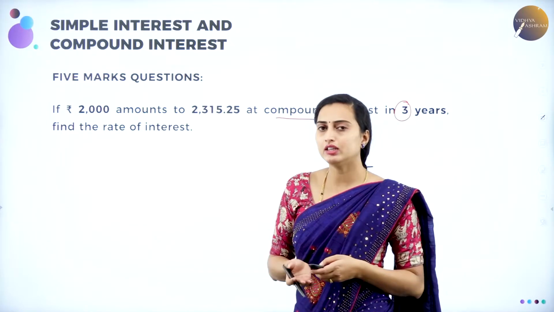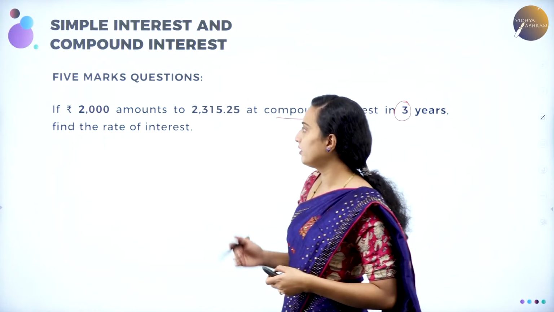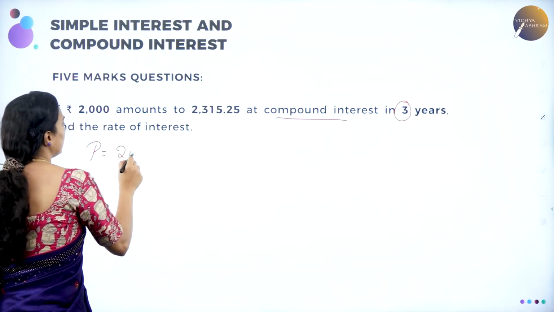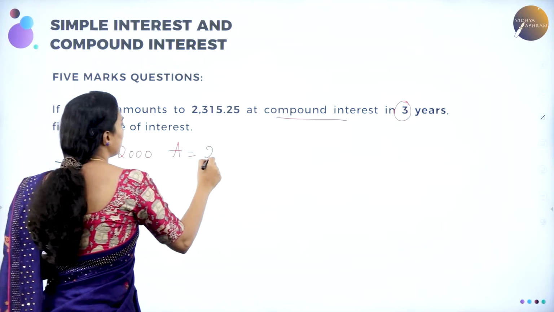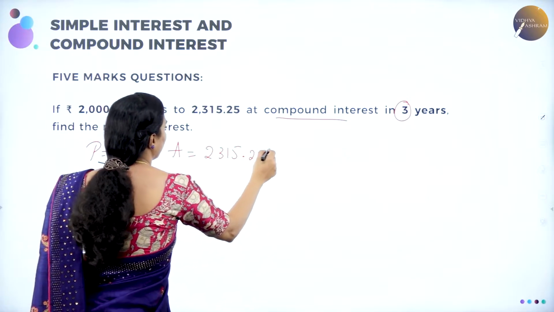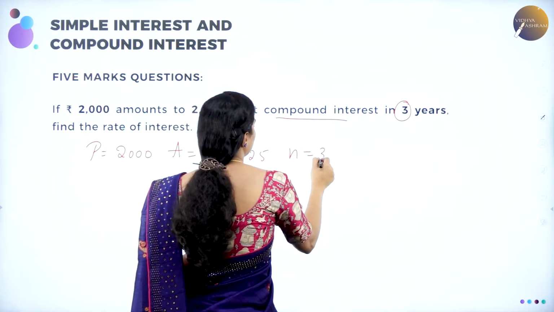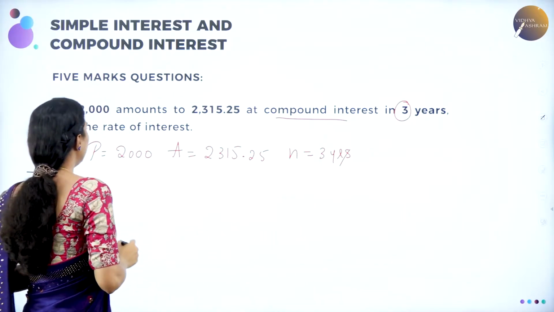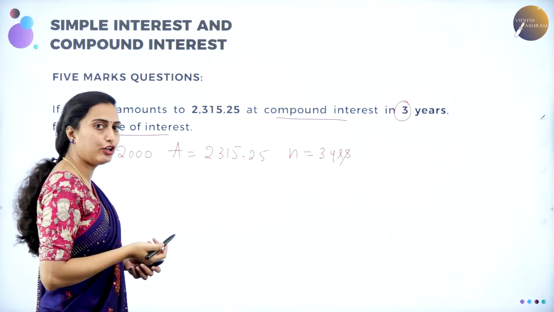So similar to what we have done in the last problem, here they have given P is equal to 2000 and A is equal to 2315.25, and n is equal to 3 years. You need to find out the rate of interest.